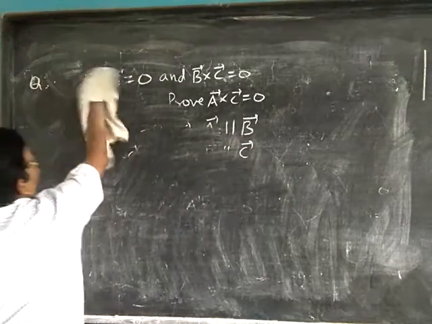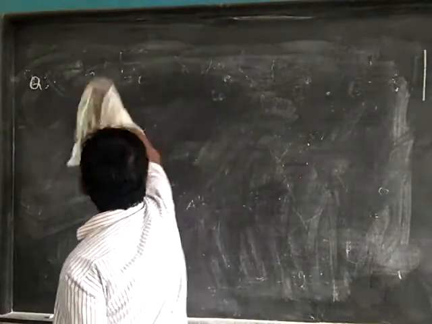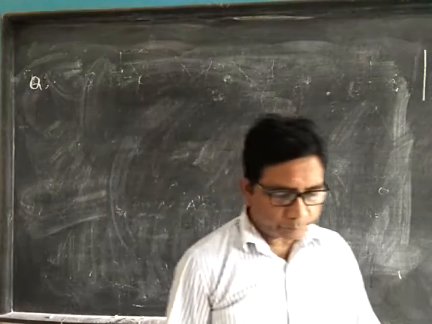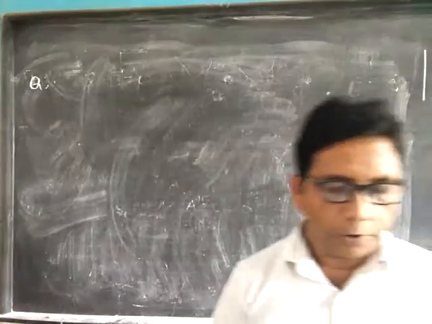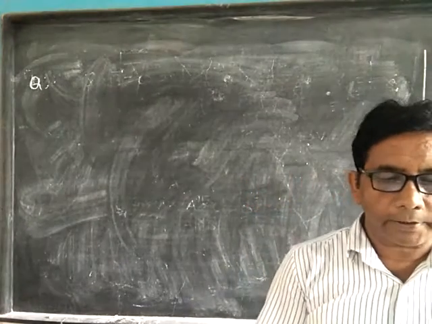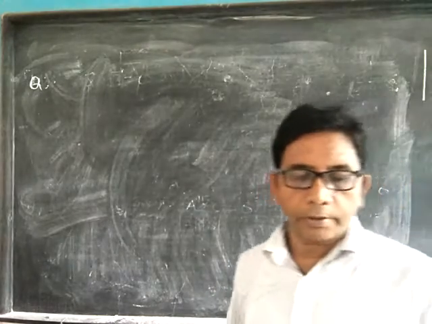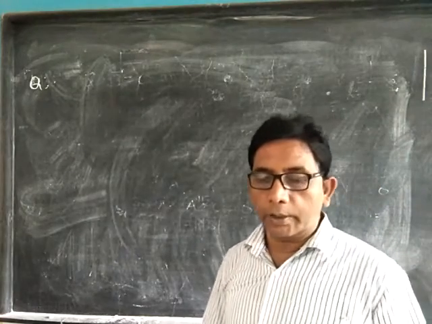Question number 4. Prove mod of A cross B squared plus mod of A dot B squared is equal to AB whole squared.